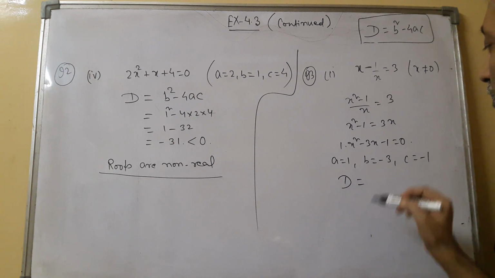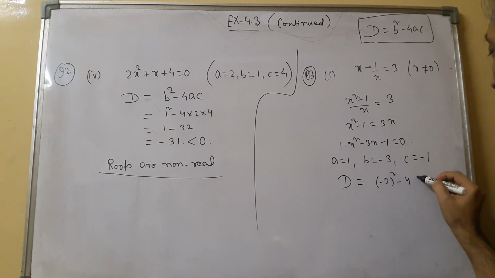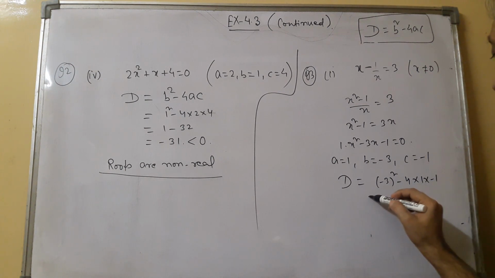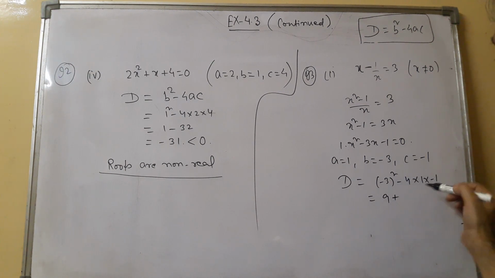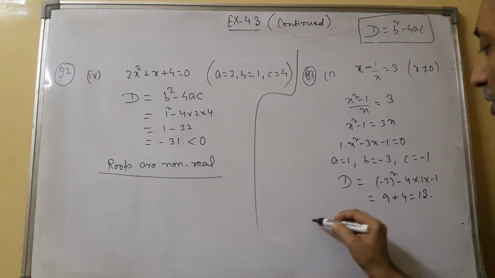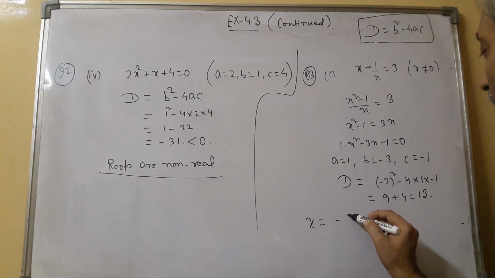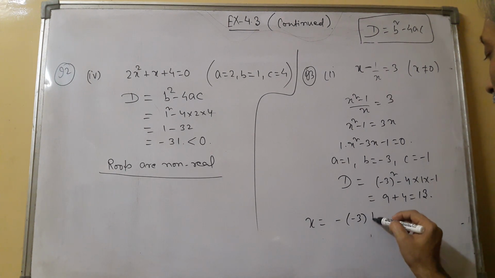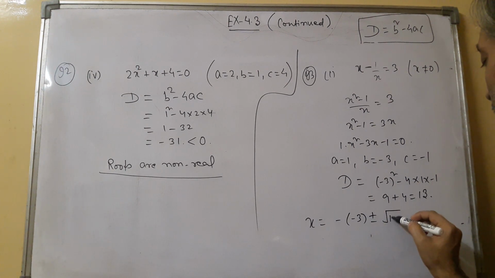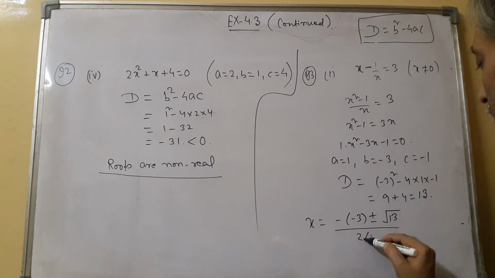Now firstly find out the value of d. D is what? B square minus 4ac, so d is 13. Now use the formula x equal to minus b plus minus root d upon 2a, so minus of minus 3 plus minus root 13 upon 2 into 1.